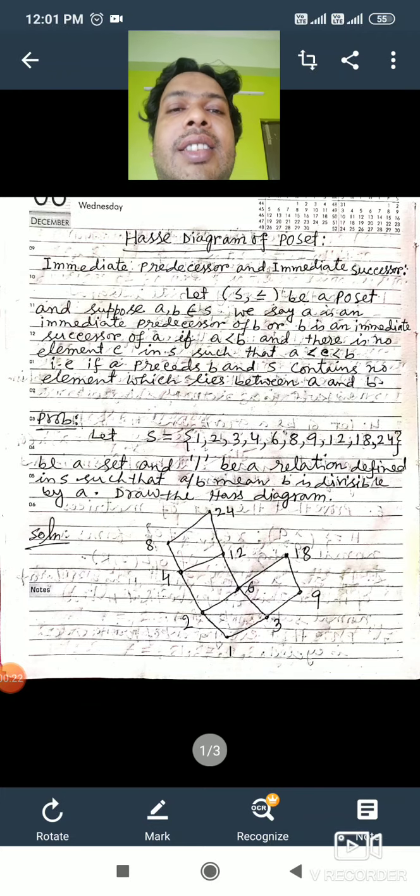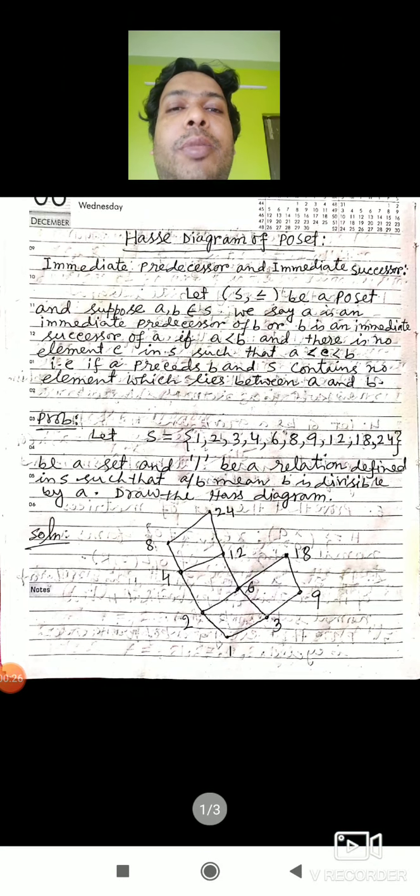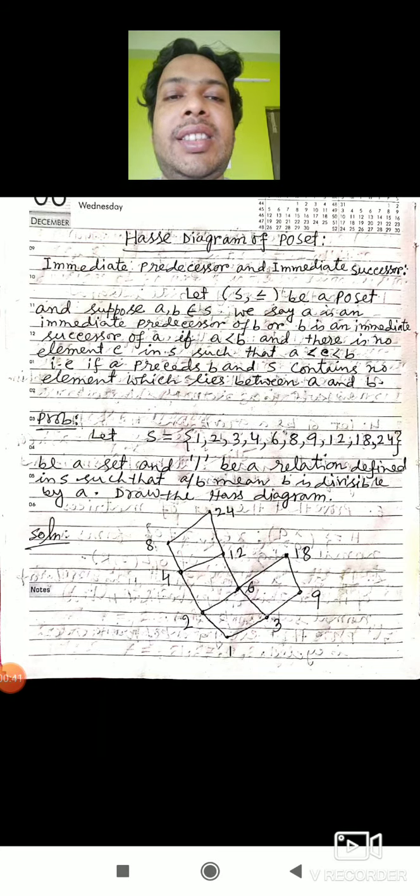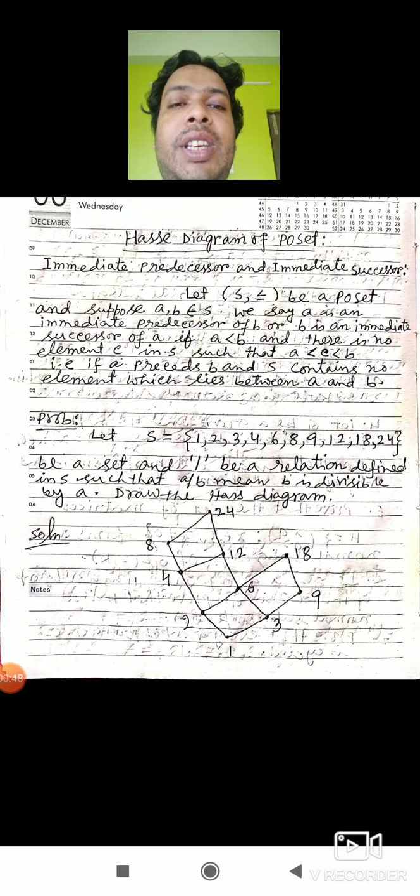Let (S, ≤) be a poset, and suppose A and B belong to S. We say A is an immediate predecessor of B, or B is an immediate successor of A, if A < B and there is no element C in S such that A ≤ C ≤ B. That is, A precedes B and S contains no element which lies between A and B.